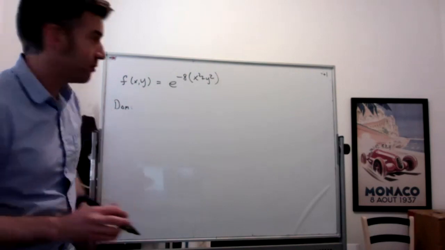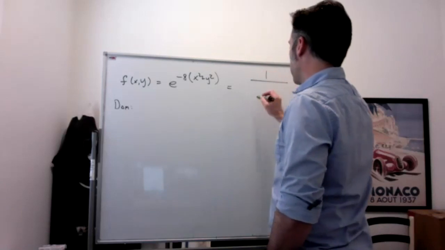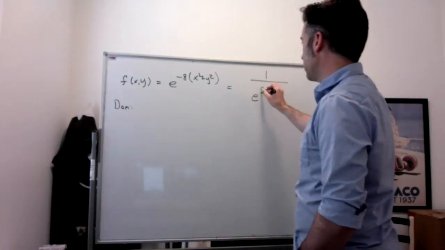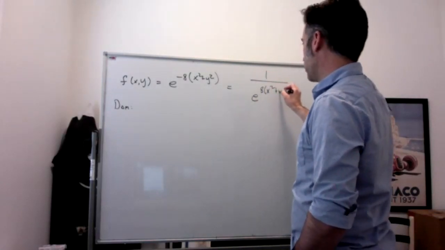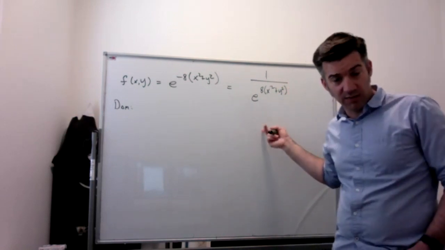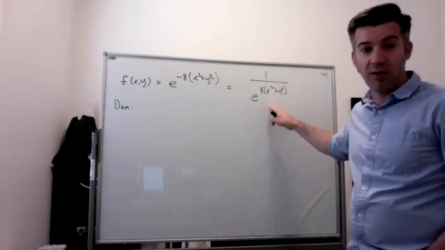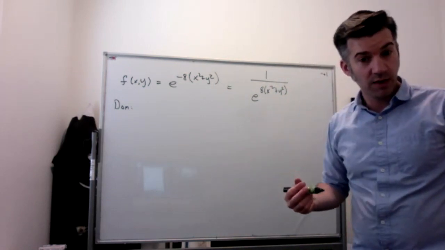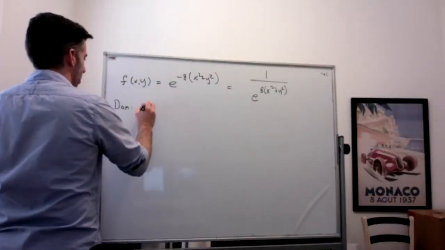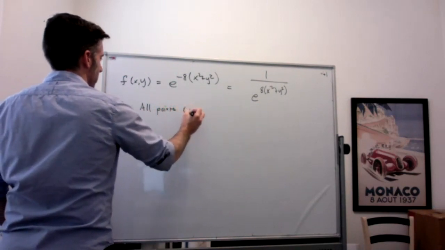If you think about this as 1 over e to the positive 8 times x squared plus y squared, then you can say, hey, James, you could be dividing by 0, right? There's division. And I say, you're right, but there isn't, because e to any power is always greater than 0. So no domain issues. Domain is all points x, y in the plane.